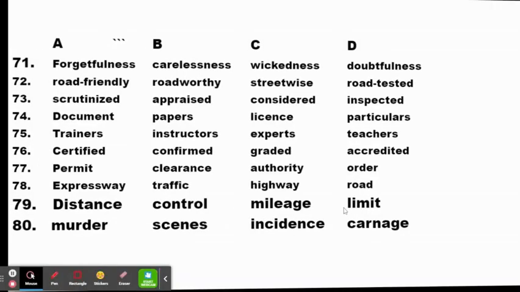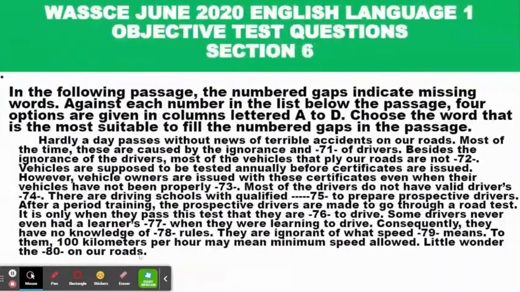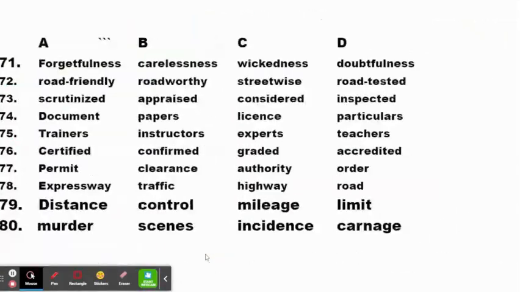Okay. To them, 100 kilometers per hour may mean minimum speed allowed. Little wonder they dash on our roads. Talking of accidents, you talk of carnage. Let's look at options in number 80. A, murder. B, scenes. C, incidents. D, carnage. The correct option is carnage.